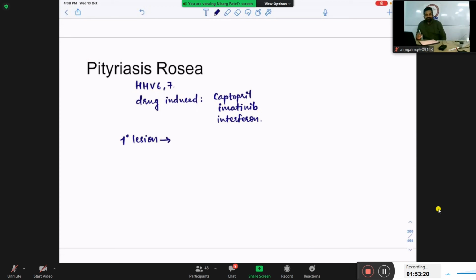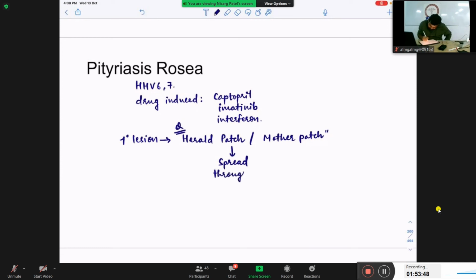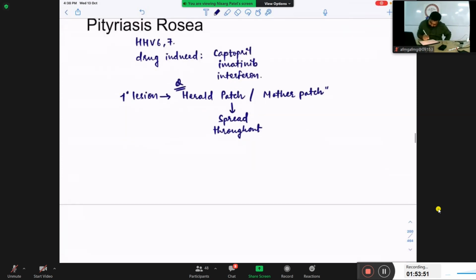The primary lesion we will see is the herald patch, also known as the mother patch. This mother patch will spread throughout, having a Christmas tree pattern.